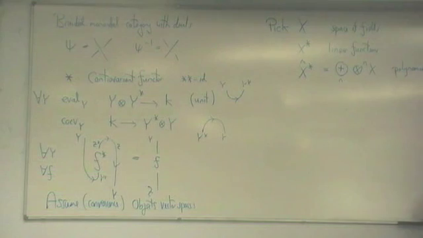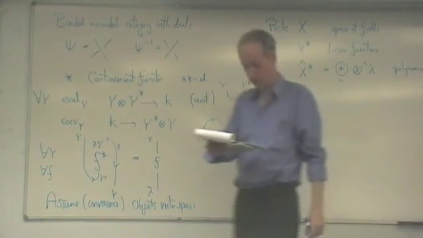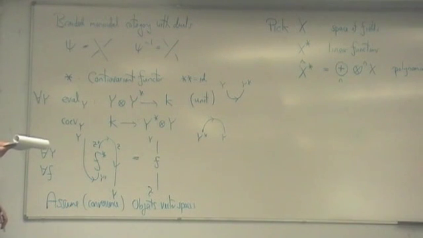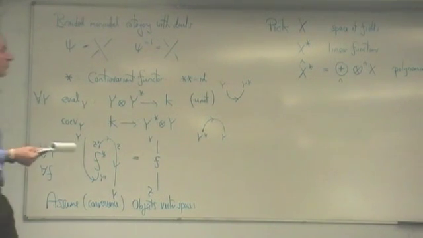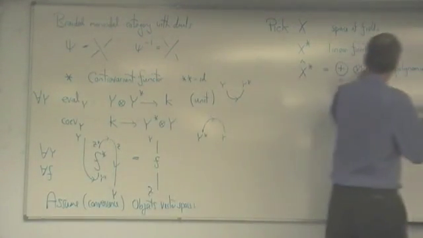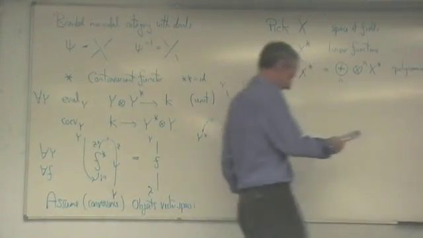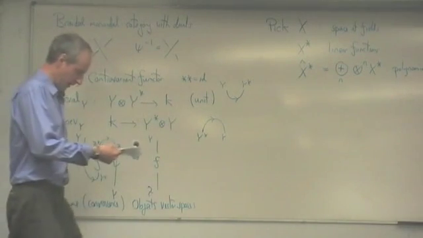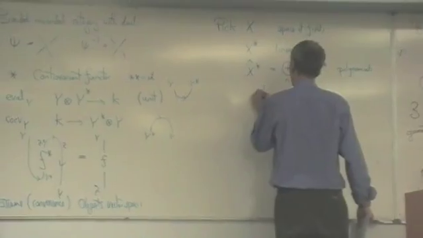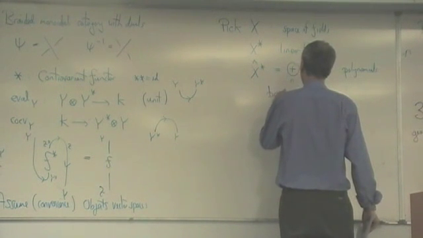So is that like a symmetric tensor product? No, ordinary tensor product. Should that be an X star on the right side? I'm sorry? Should that be an X star on the right hand side? Star. Thank you. And in fact, this thing is a braided Hopf algebra, it turns out.